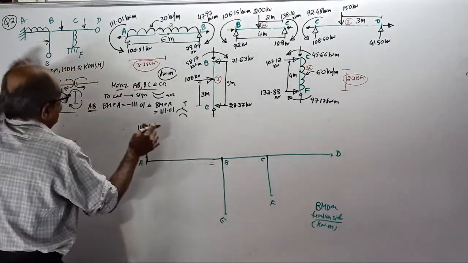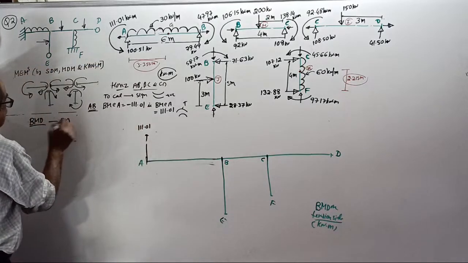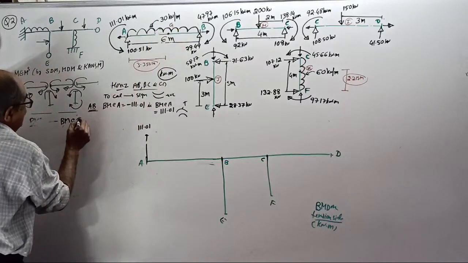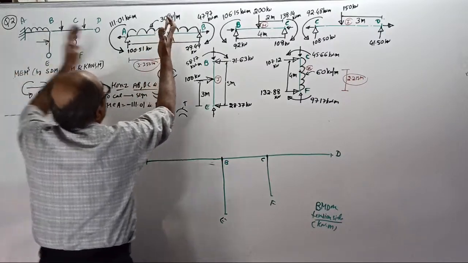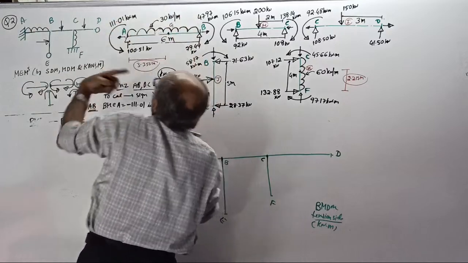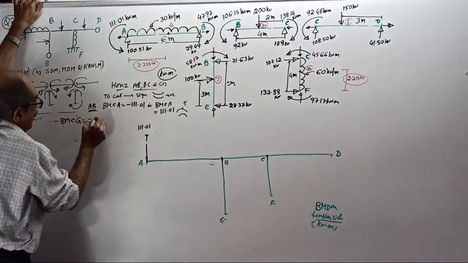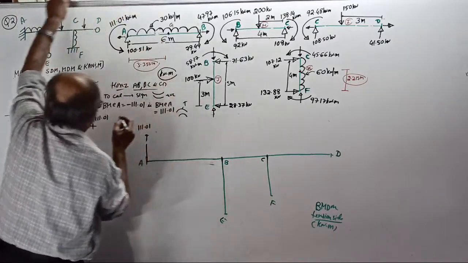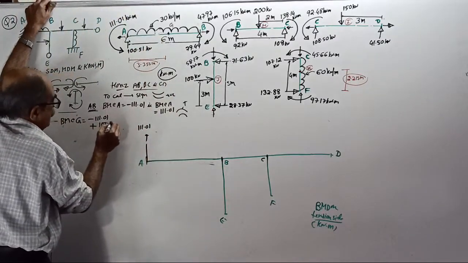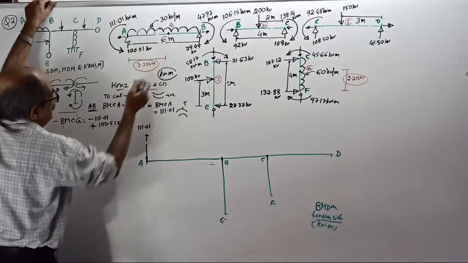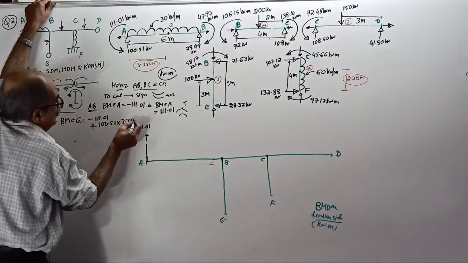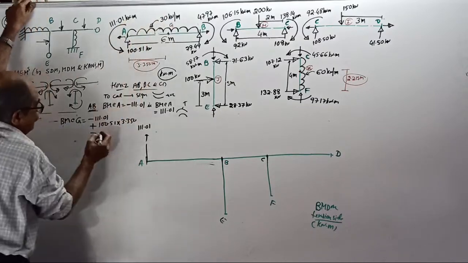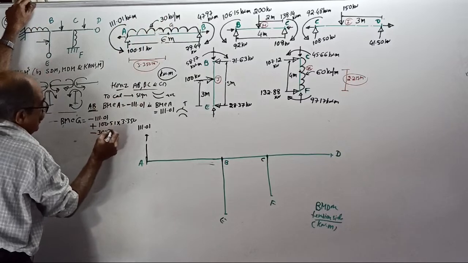Okay, start. Then bending moment at A over bending moment at G. See here, G. Look this side. Minus 111.01 plus 100.51 into 3.350 minus 30 into 3.350 is the total load.